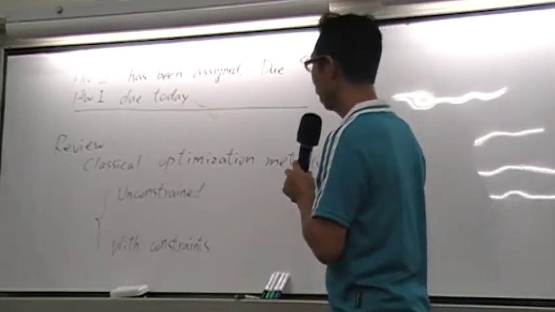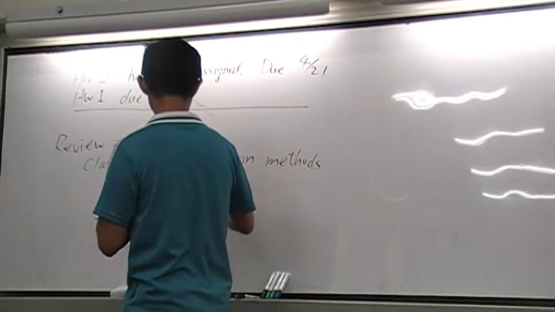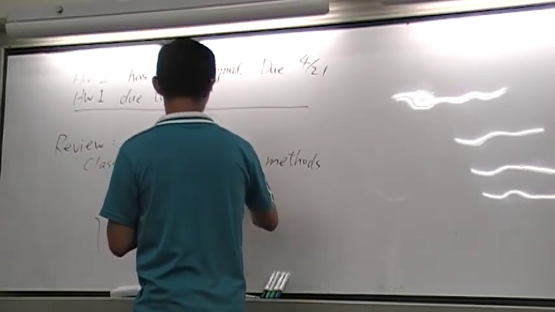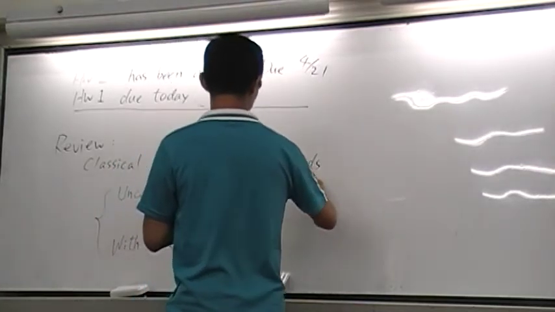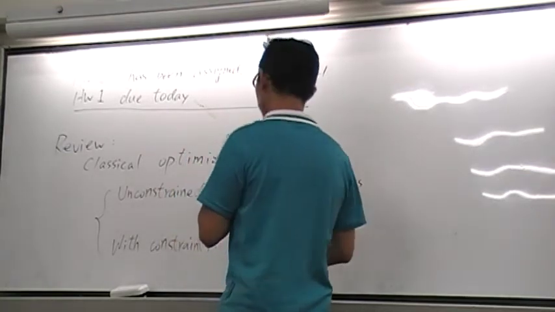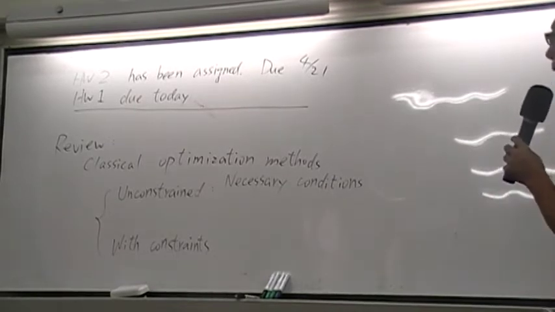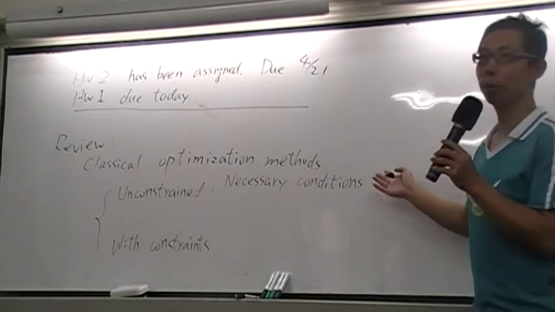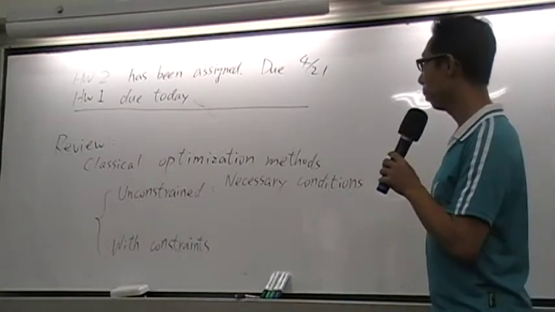And without constraint, we know that we can use the necessary conditions, okay? So we can use the necessary conditions to find some candidate points, and some of them may be the minimum points, and some of them may be the maximum points, and some of them are neither.